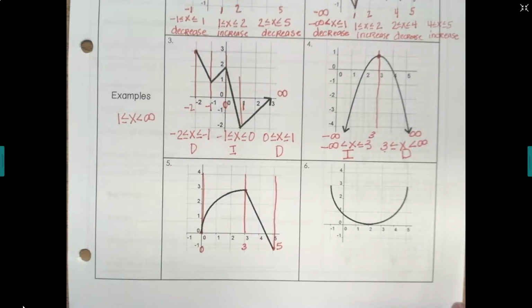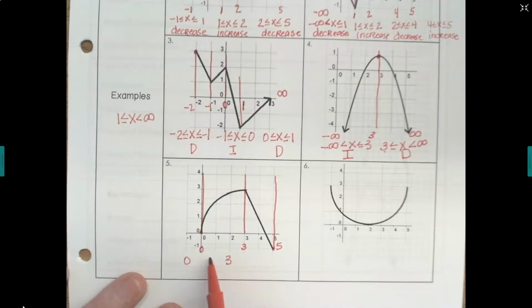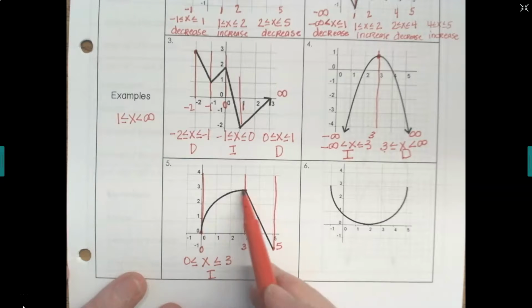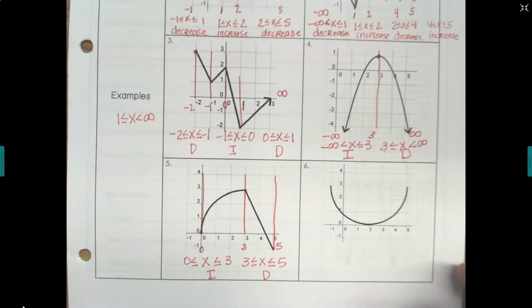So I write these to help us see the intervals. Between 0 and 3, the graph is increasing. It's always less than or equal to, unless it's an infinity, so 0 is less than or equal to x, which is less than or equal to 3. So we're increasing from here to here, and at 3, we go down. So 3 to 5 is a decrease. And so 3 is less than or equal to x, which is less than or equal to 5.